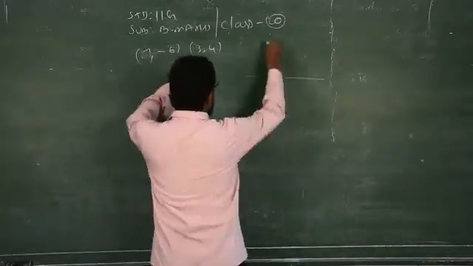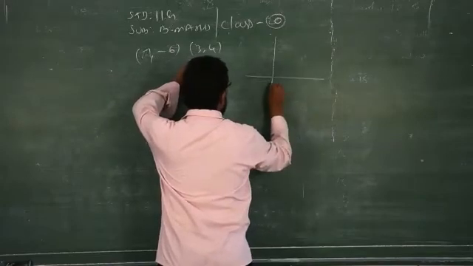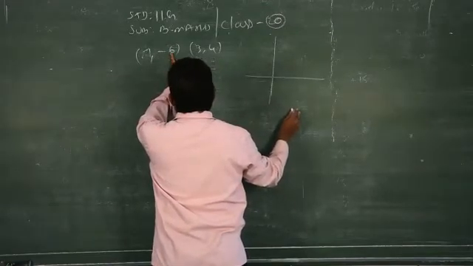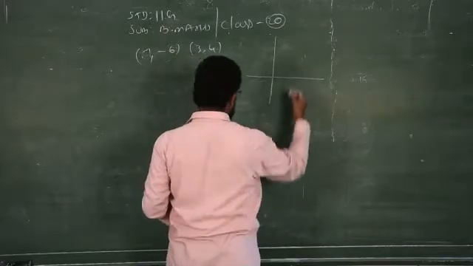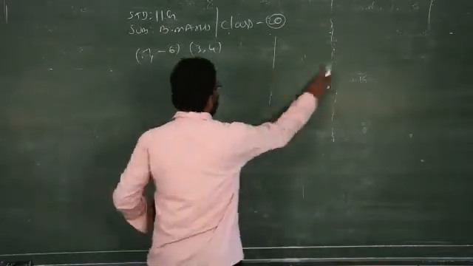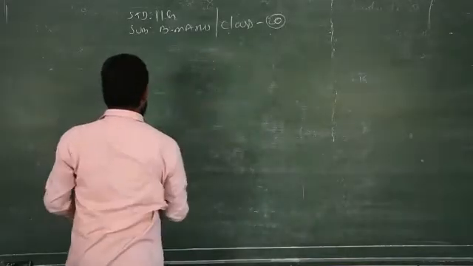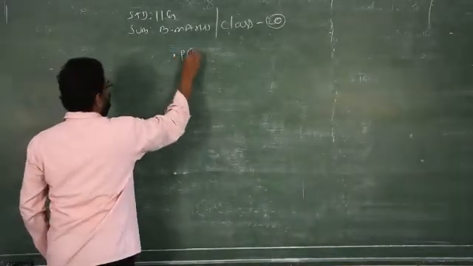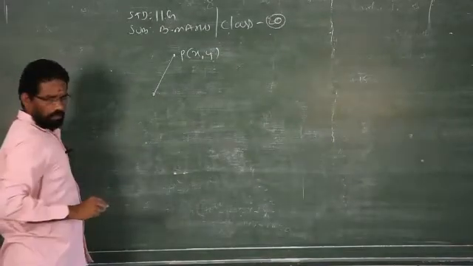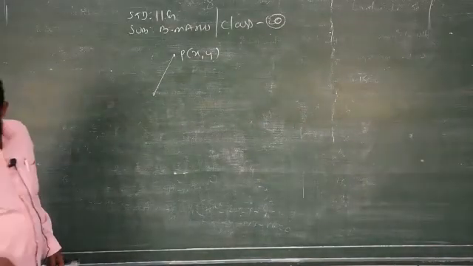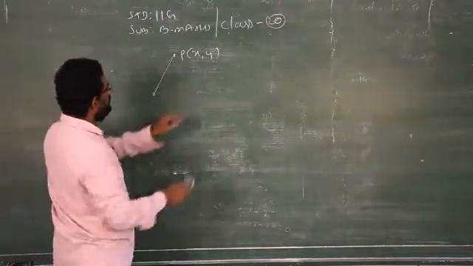This is not exact, so I simply plotted 7, minus 6. On the graph, there is no need to plot it, it is just for your understanding. You have to take the point as P. You cannot take x, y straight away.